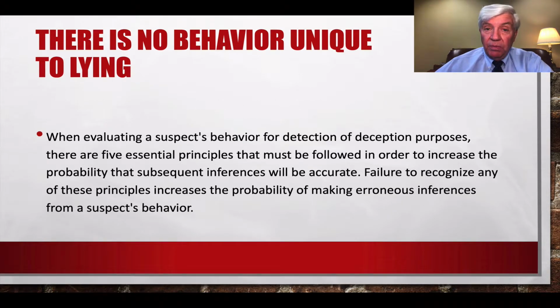When evaluating a subject's behavior in terms of deception, there are 5 essential principles that have to be followed in order to increase the probability that our inferences will be accurate. If we fail to follow all of these 5 principles, the probability of making erroneous inferences is substantially increased.